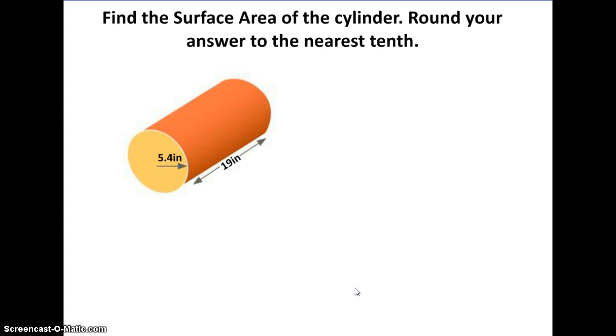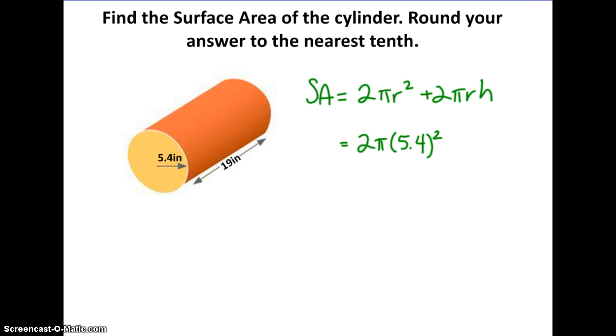Alright, here is another cylinder. This time I want you to round your answer to the nearest tenth. I've been given a radius of 5.4 and a height of 19. Well, I'm running out of room over here.